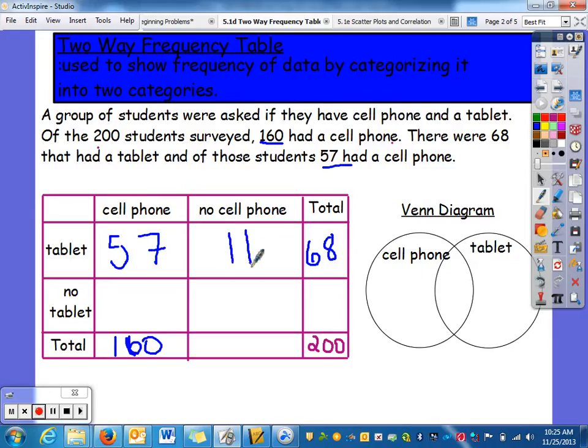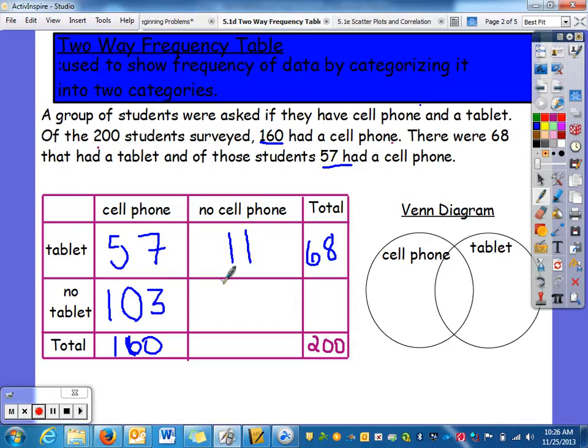And then you can just kind of fill in the chart from there. So you have 57 that have a cell phone, and a total of 160 that have a cell phone. So that means 103 do not have a cell phone.